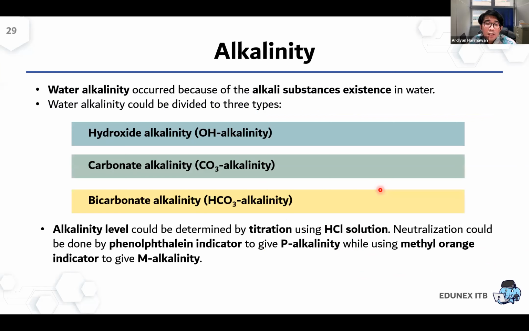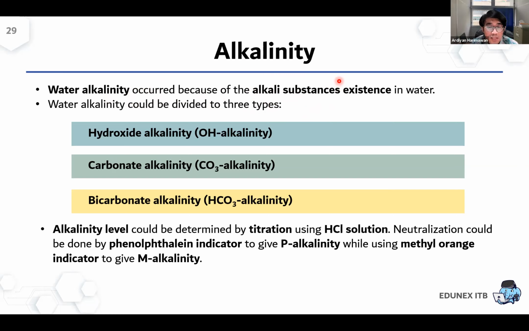Okay, related to the hardness, the water also has what we call alkalinity. Water alkalinity occurs because there are some alkaline substances. You know alkaline, right? Basa, the opposite of acid.